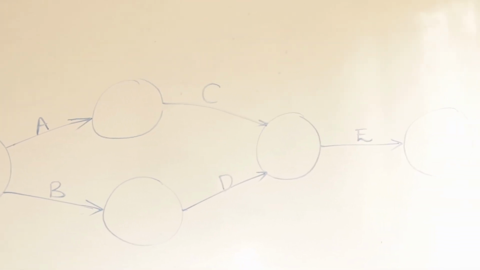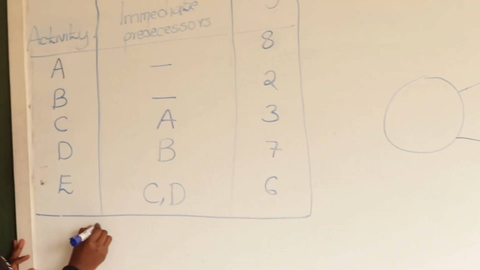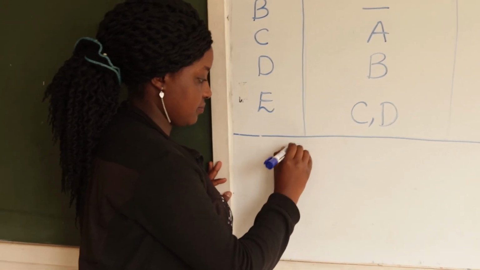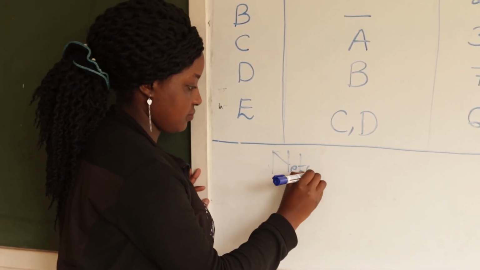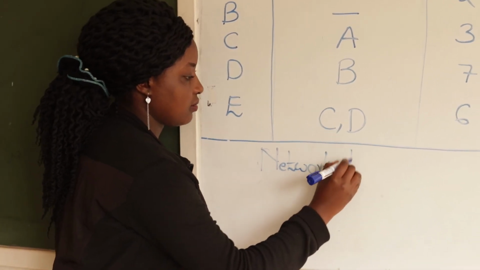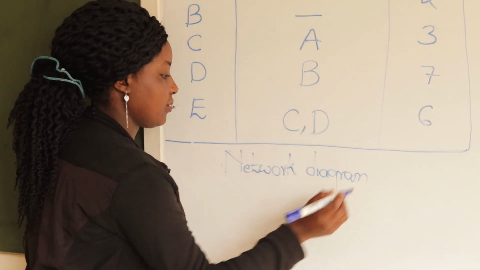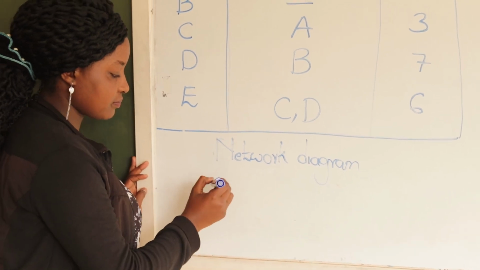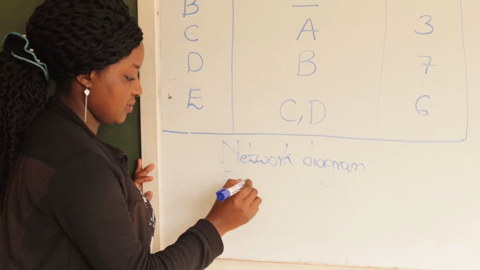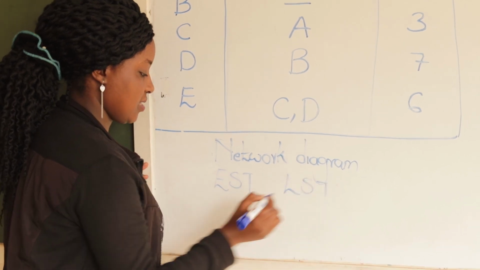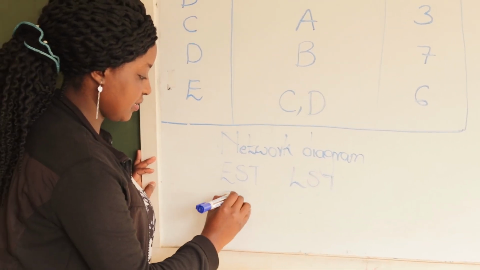In this illustration, we are drawing the network diagram. Then we determine the early starting times and late starting times. The last one will be the critical path.